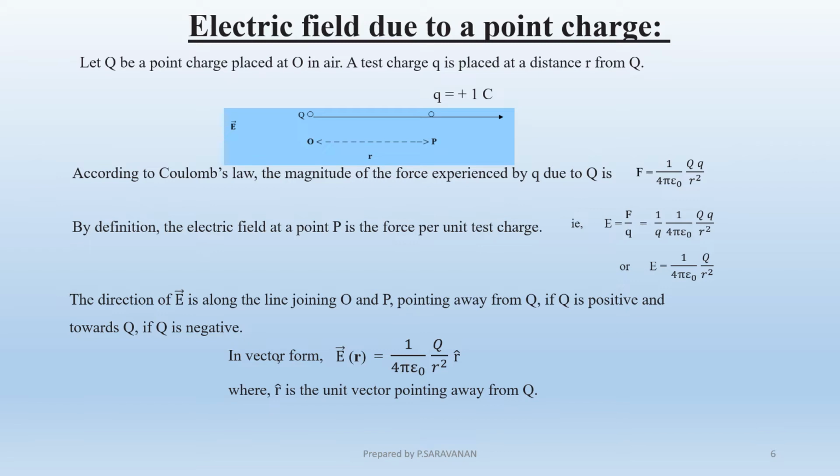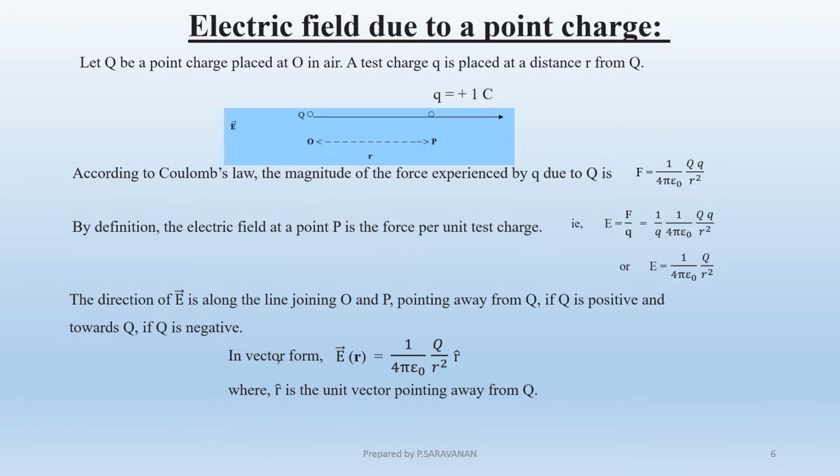Therefore, E is equal to 1 by 4 pi epsilon naught into capital Q by r square. So, from this expression, we find that the electric field intensity is inversely proportional to the square of the distance. This is only the magnitude.